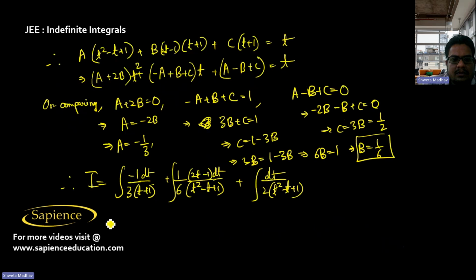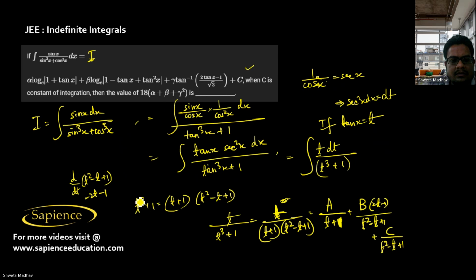So now the integral will be obviously minus 1 by 3 log base e of t plus 1, plus 1 by 6. If we take t square minus t plus 1 as z, this will be dz.